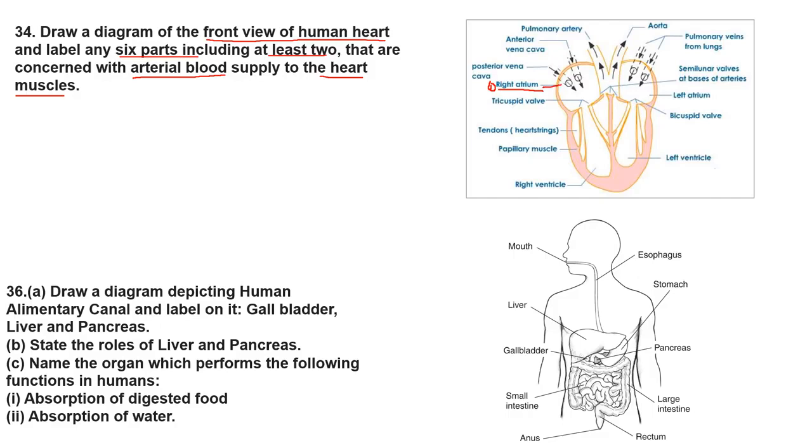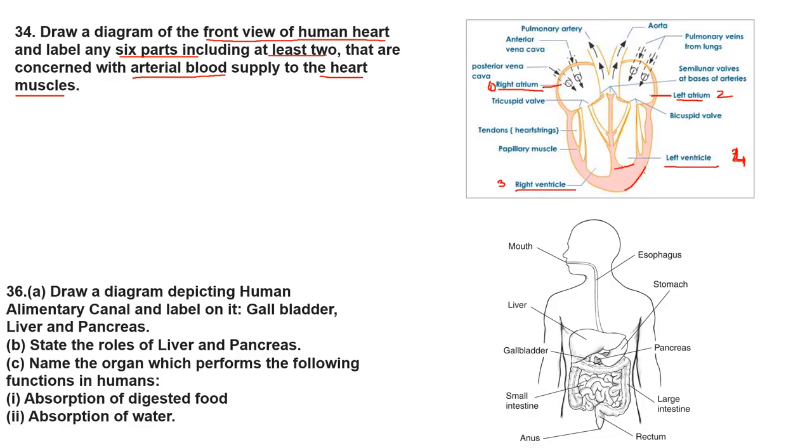Then this is the left atrium, and coming to the right ventricle, and the left ventricle. This is the fourth one. The left ventricle is the thickest one. You can see the thickness of the left ventricle. Why is it the thickest part?